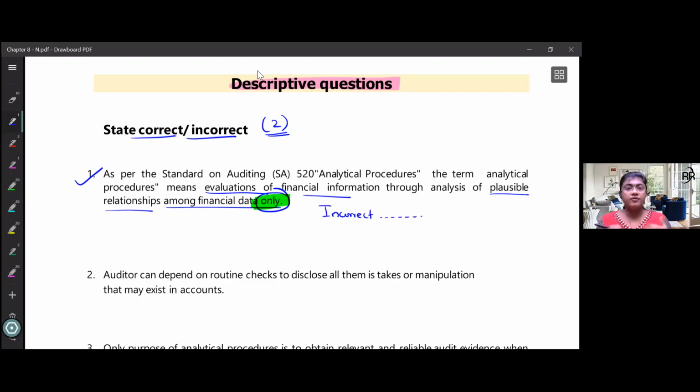You can write the definition of analytical procedure itself. The term analytical procedure means evaluation of financial information through analysis of plausible relationship among financial and non-financial information to identify fluctuation or deviation from expected value by a significant amount.